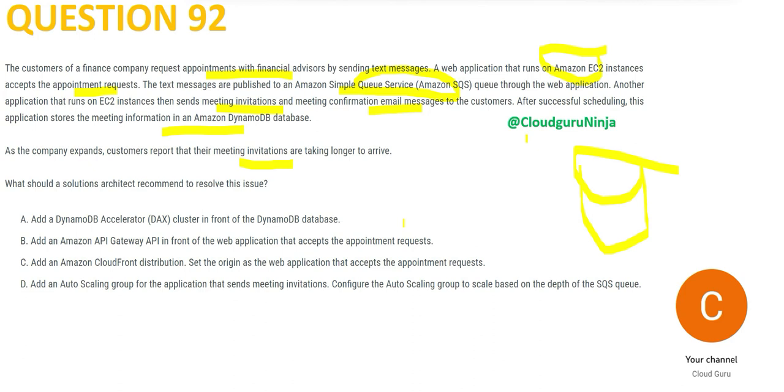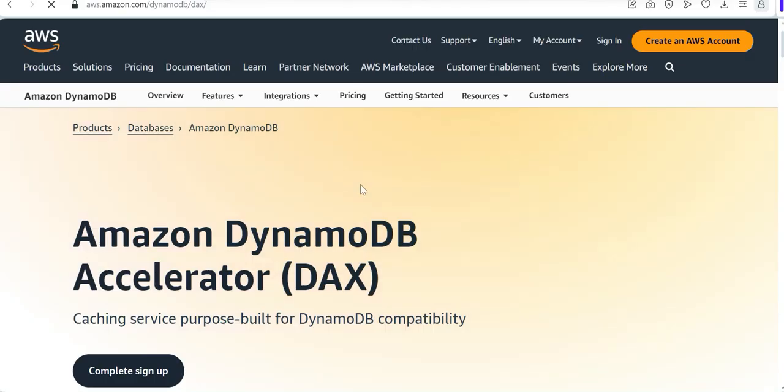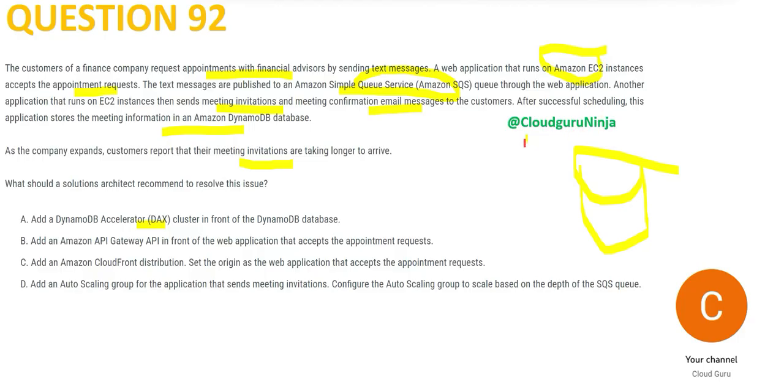Can we solve that by using a DAX cluster? What is DAX? If you want to put a caching service on top of DynamoDB, that means you have this database and you want to put a cache on top of it. Normally in other databases like Redshift or Aurora and so on, we use ElastiCache.